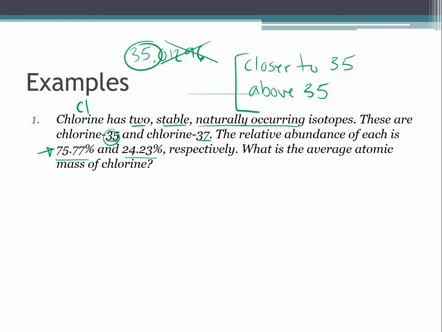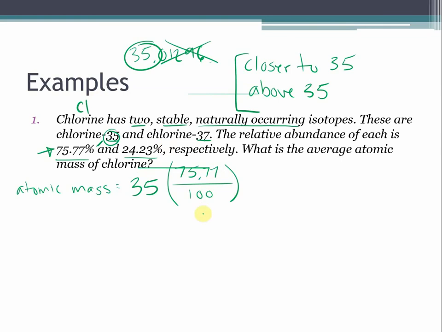So we're going to go ahead and set this up now, and we're going to use that equation we learned a minute ago, which is that atomic mass is equal to the mass of each isotope times its percent abundance divided by 100. So our first isotope has a mass of 35 times that percent abundance that goes with it, 75.77, divided by 100.